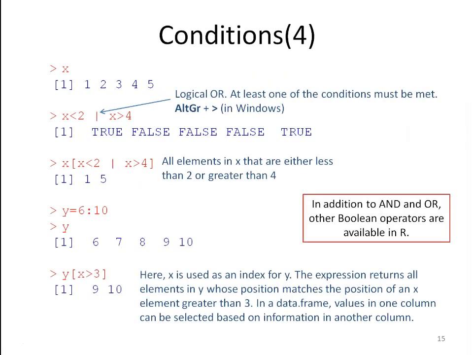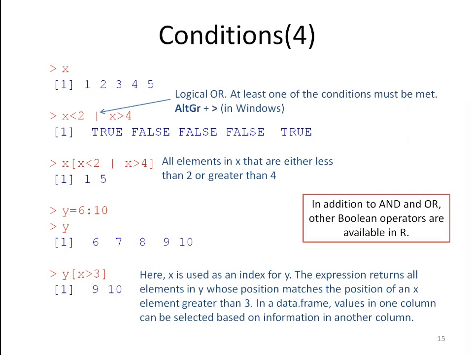Here we have the same X still, and we use the logical OR, which is written as a vertical line, and at least in Windows you get it by pressing Alt Graph and greater than sign. You get this sign, which stands for OR.